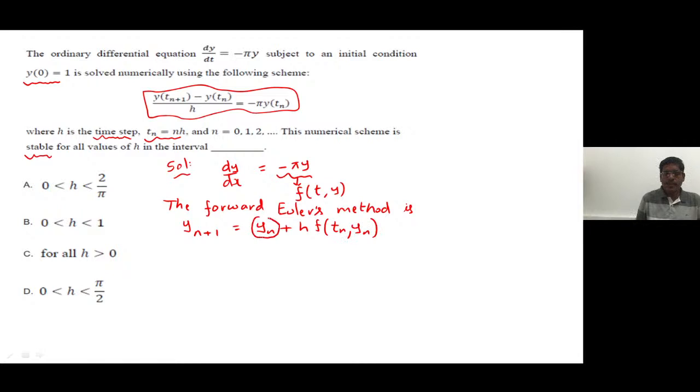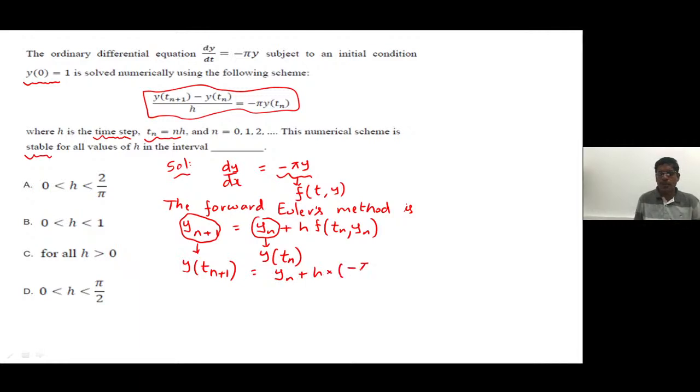So this y_n is now denoted by y(t_n). y is a function of the independent variable. This y_n+1 is nothing but y(t_n+1). In this, y_n has no change, plus h times the function; the t variable is absent, so it is minus pi, with y replaced by y_n.